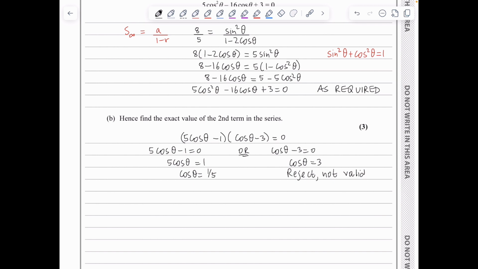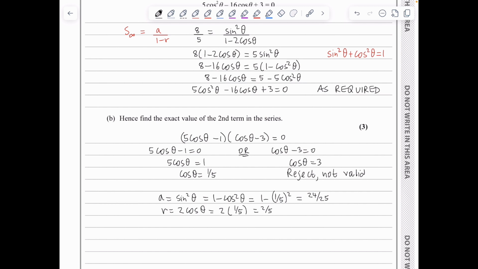I will find a. So a was given to be sine squared theta, which we know is 1 minus cos squared theta, which is 1 minus a fifth squared, which gives 24 over 25. And then we've got that the common ratio r is 2 cos theta, which is 2 times a fifth, which is 2 over 5.